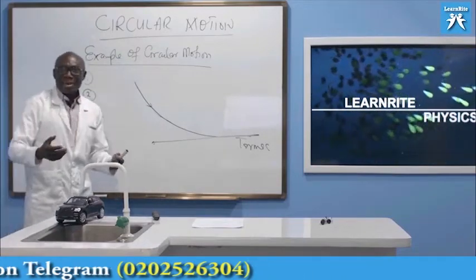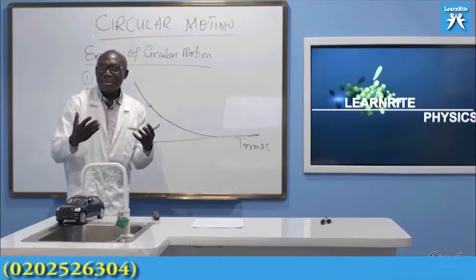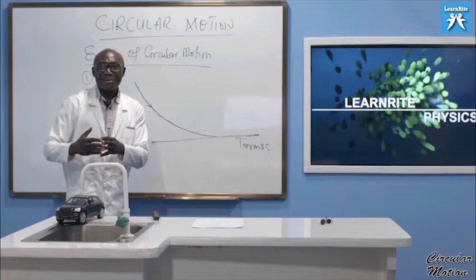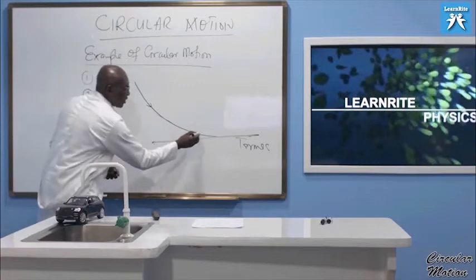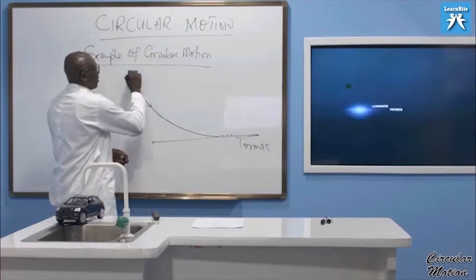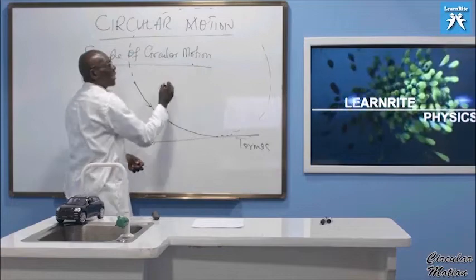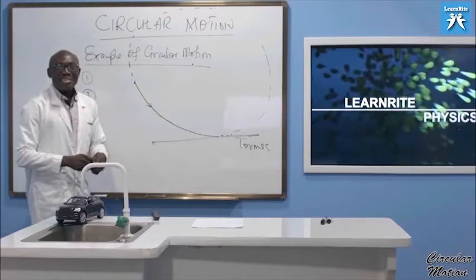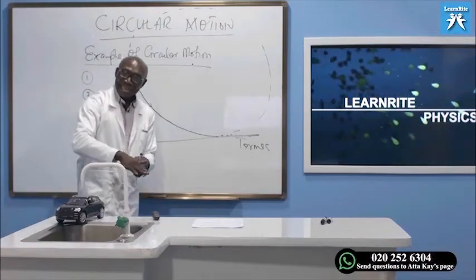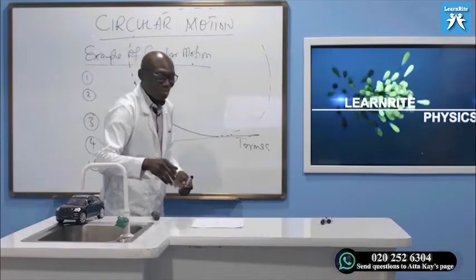You may ask, but this is not a circle. We are not talking about a circle as a whole all the time, but we can talk about part of the circle. Why? Because if you should complete the circle using this path, we shall have a circle with a center somewhere there. So it means that the plane in landing also performs circular motion.